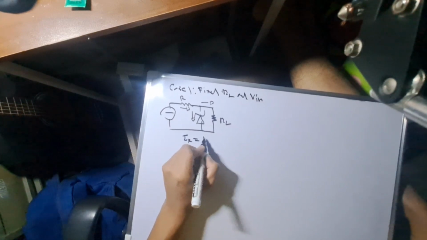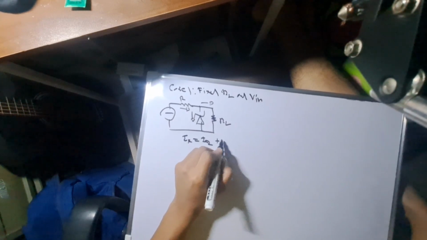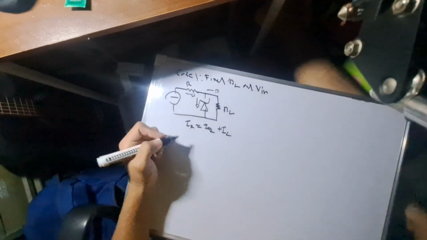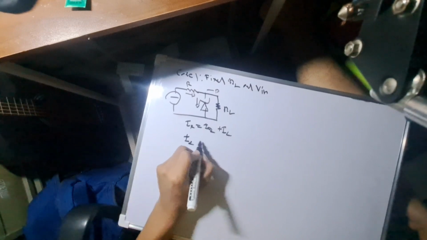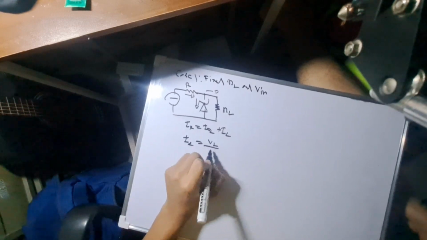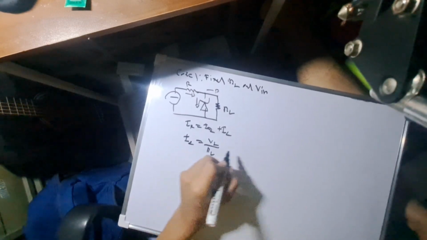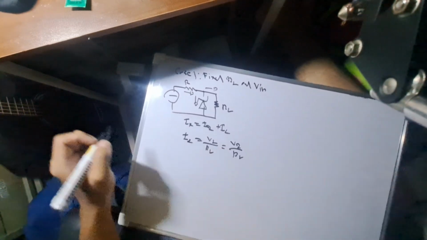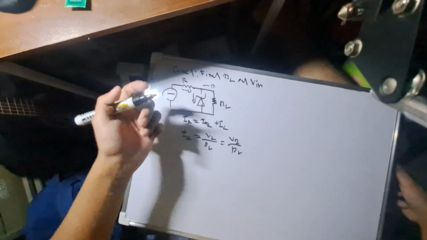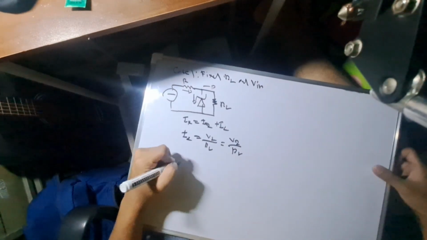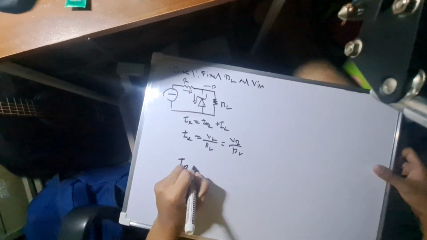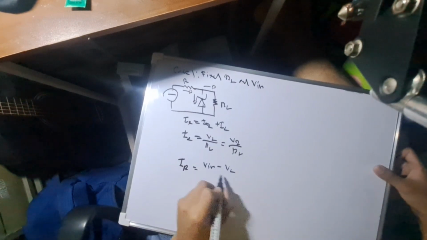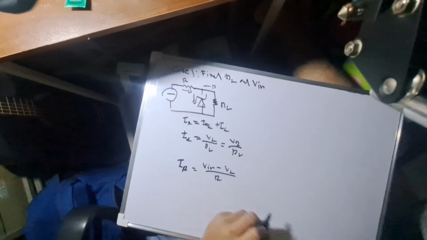If you recall, IR is equals to IZ plus IL. So makuha natin si IL as IL is equals to VL over RL, or VZ over RL in the case na naka-on si Zener. And we can kuha naman si IR. IR is equals to V in minus VL all over R.